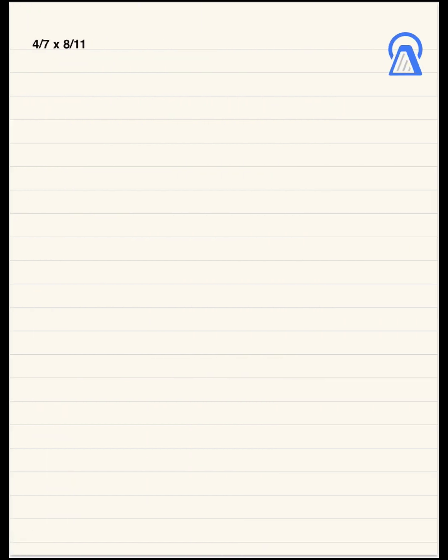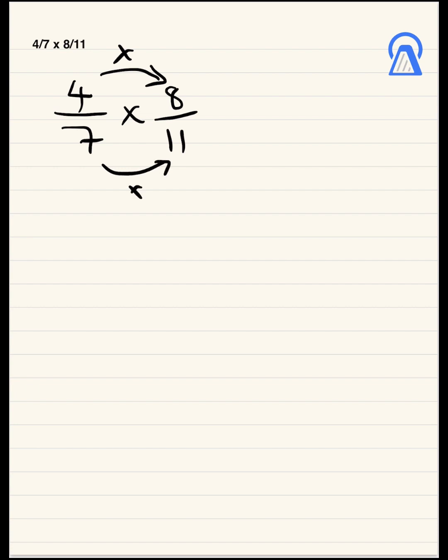Okay, quite often your fraction questions will involve some sort of arithmetic. Multiplying fractions is probably the easiest. So if we have 4/7 times by 8/11, we just want to multiply our numerators together and we multiply our denominators together.